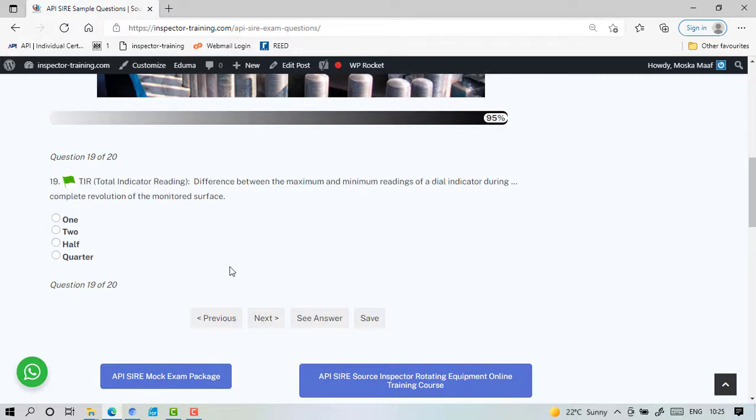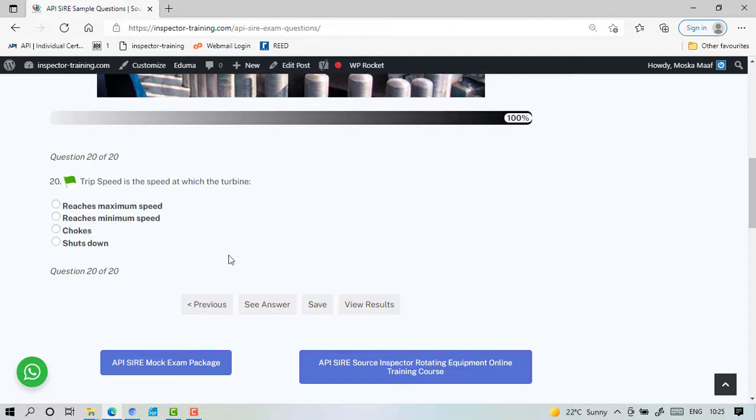Total indicator reading is the difference between maximum and minimum reading of a dial indicator during one complete revolution of a monitored surface. Trip speed is the speed at which the turbine shuts down, so that's to avoid any damage to the compressor.